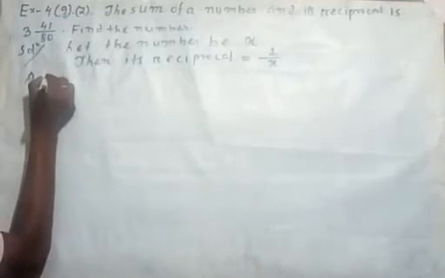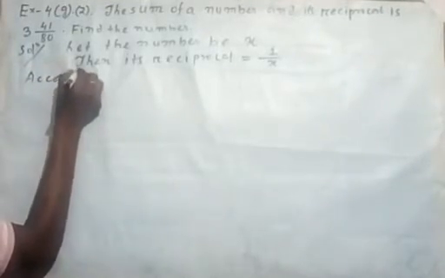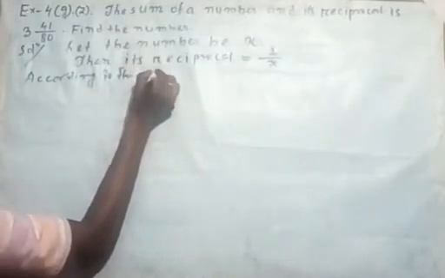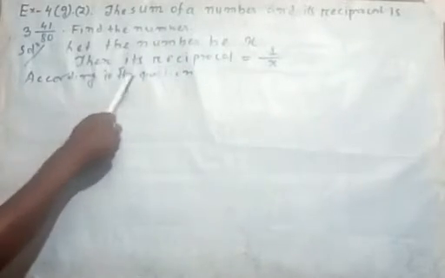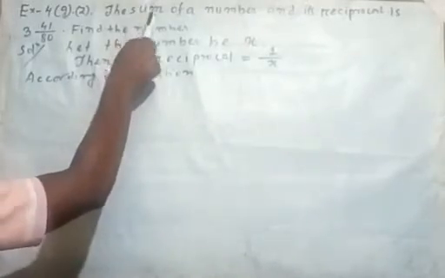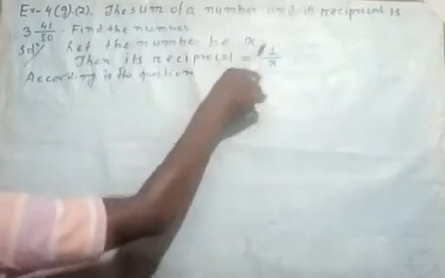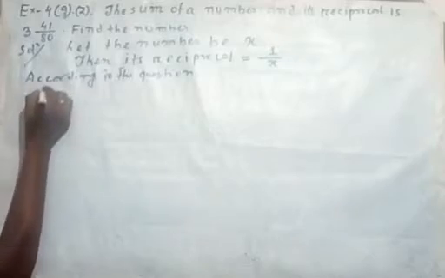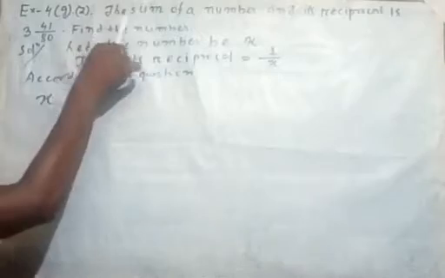According to the question, what did they say? First thing is the sum of a number. The number we have considered is x.